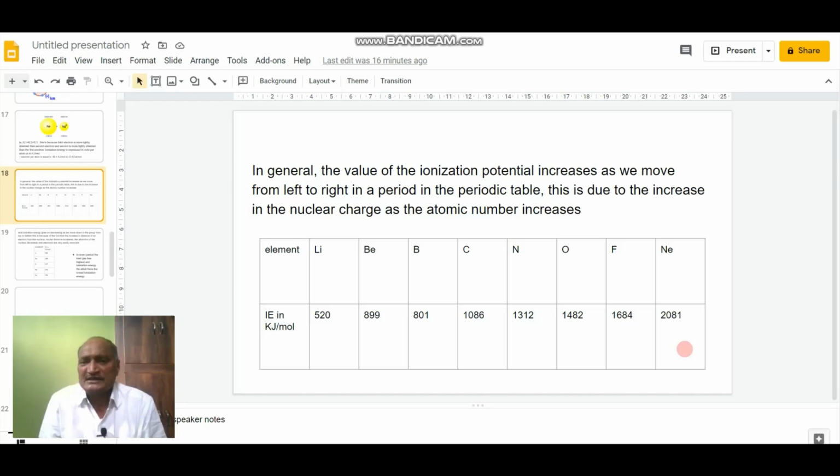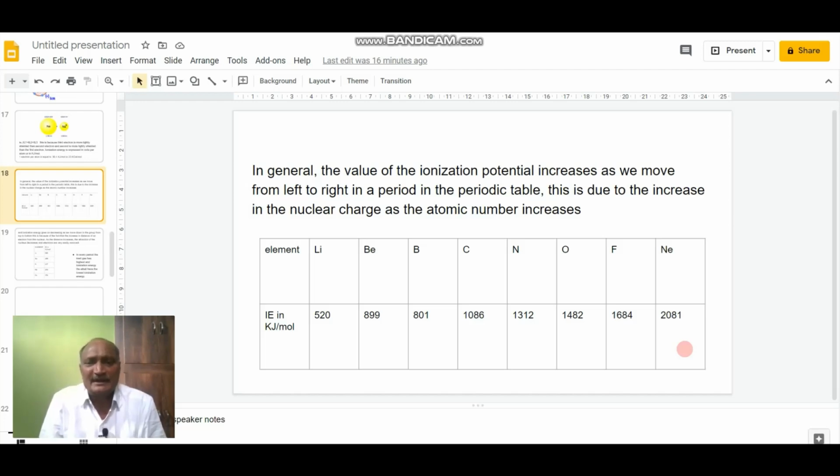This is due to the increase in the nuclear charge as the atomic number of an atom increases.